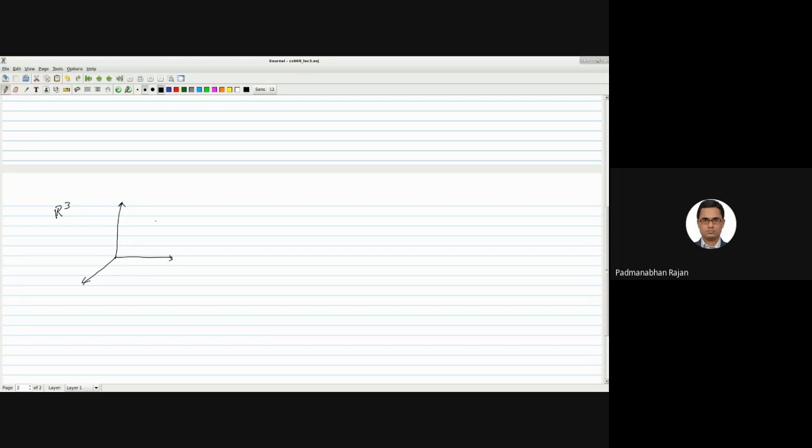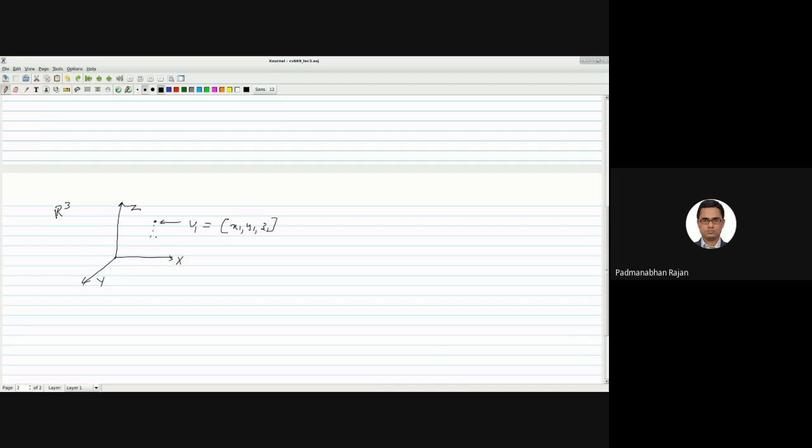So any point here, let's say I'm calling this V1, and there is your x-axis, this is your y-axis, this is your z-axis. V1 is going to be a 3-tuple. It has some values x1, y1, z1, which are nothing but the x, y, z coordinates of this point.